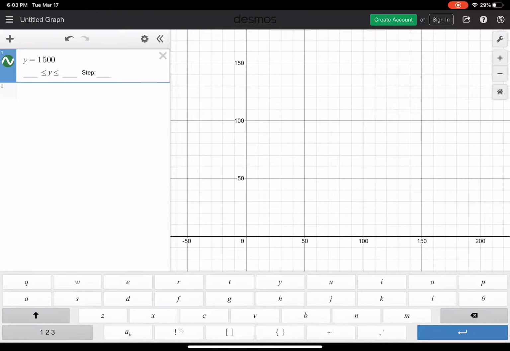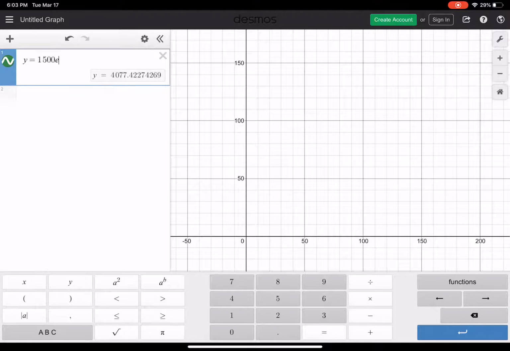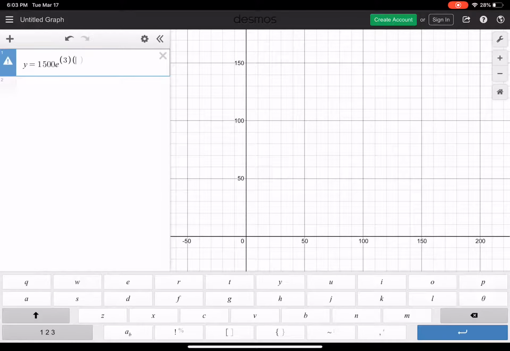Again, to write e, I'm going to actually have to type the letter. Let's go back to my numbers. Now, I can go up into the exponent. I just need to make sure that I write exactly what I see. So it's 3 times the natural log. Again, I'll have to type that out.